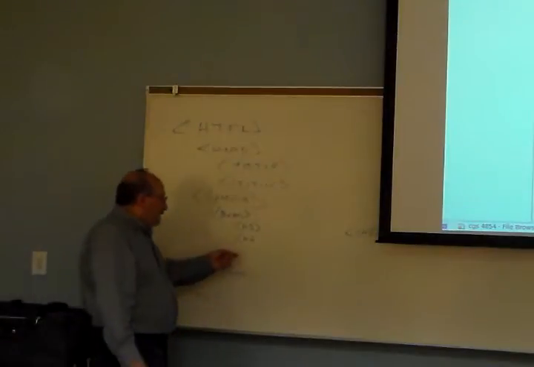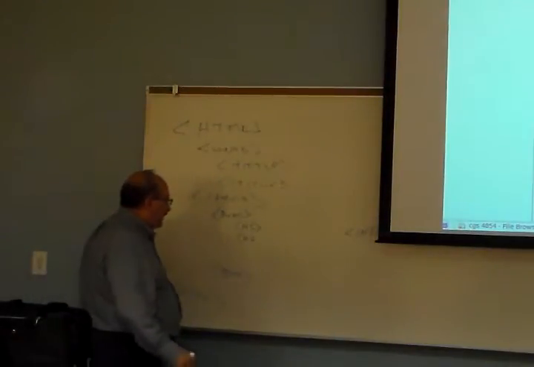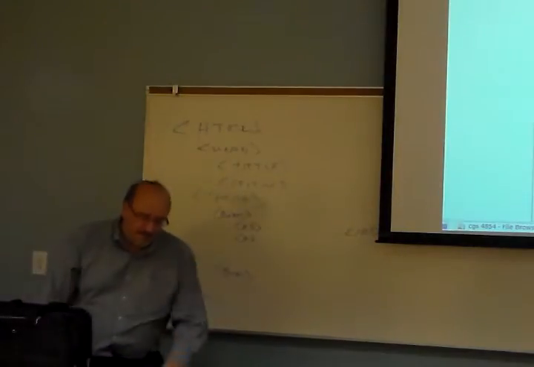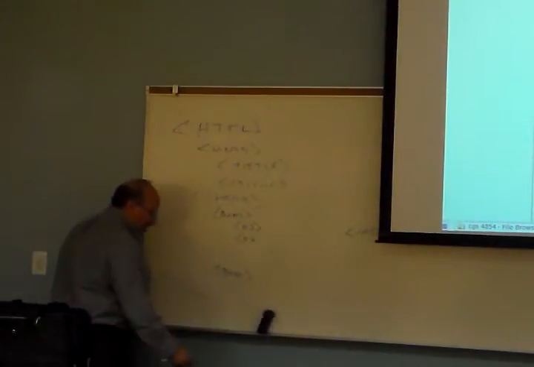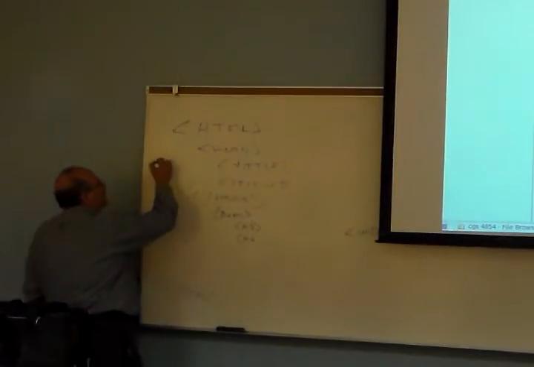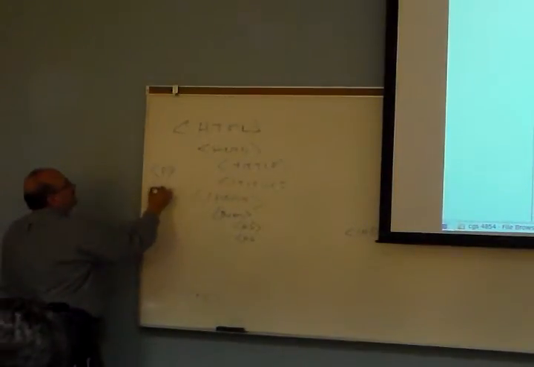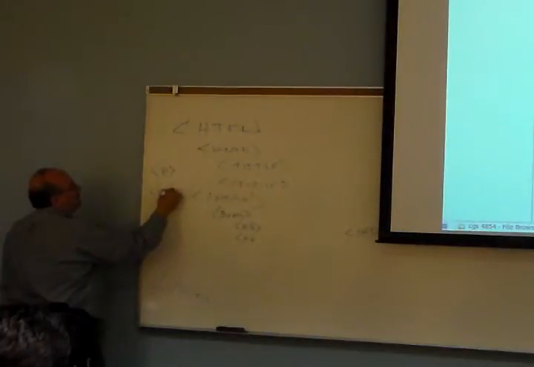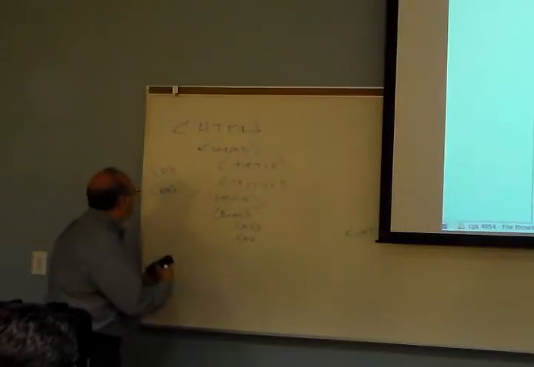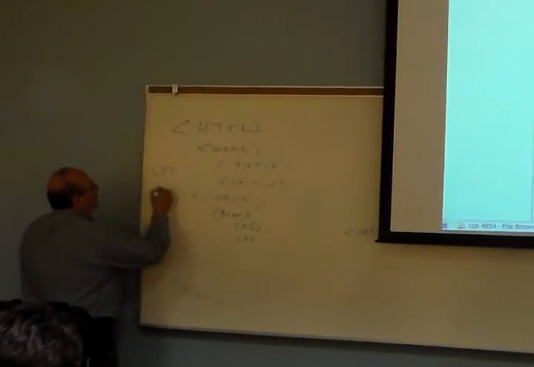Okay. Then in here, basically what we've done is, inside the body, we've done everything. We've done the forms, we've done the paragraphs. So what is the difference between this guy and this guy? The top is the equivalent of 2 of the bottoms.